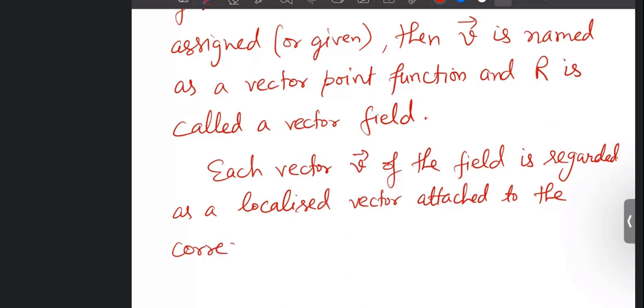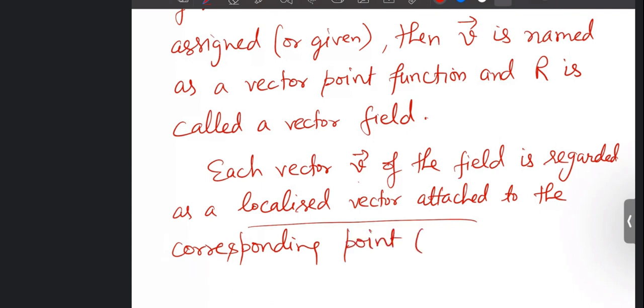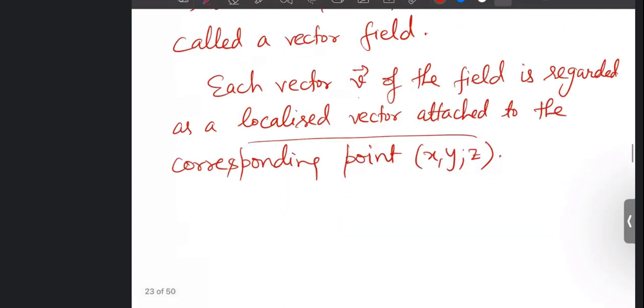That is, whatever vector is assigned to each point, each vector V of the field is regarded as a localized vector attached or assigned to the corresponding point.